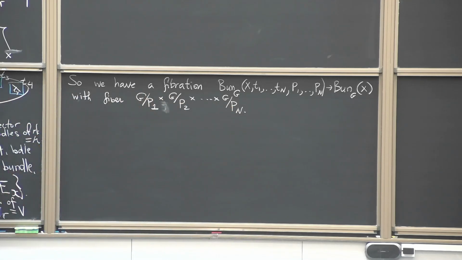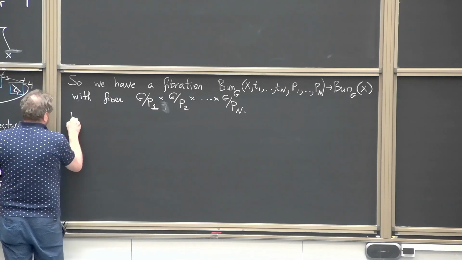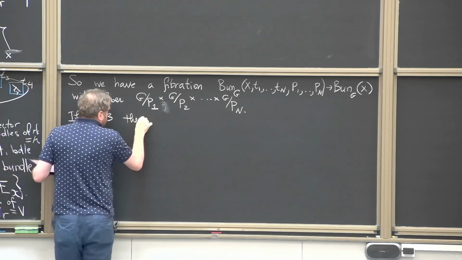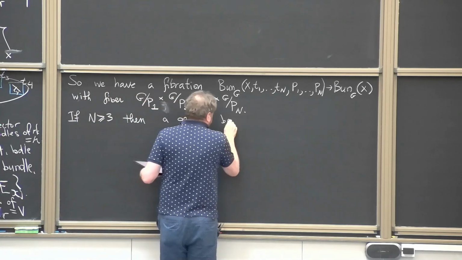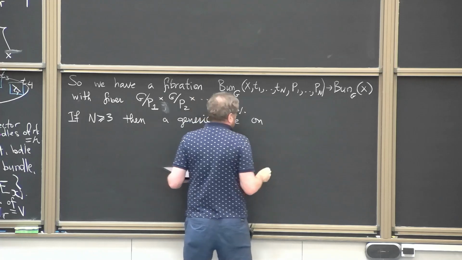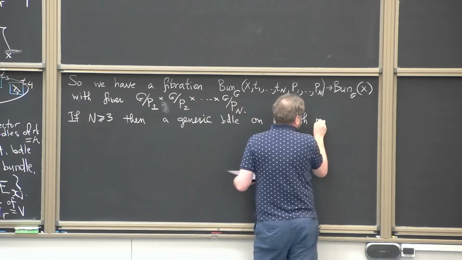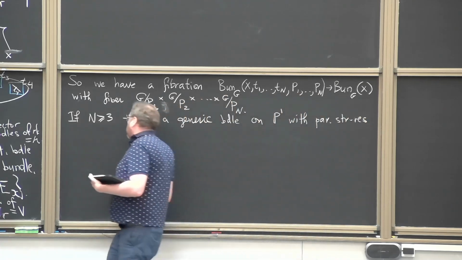So if n is at least 3, then a generic bundle on P^1 with parabolic structures has trivial automorphism group.